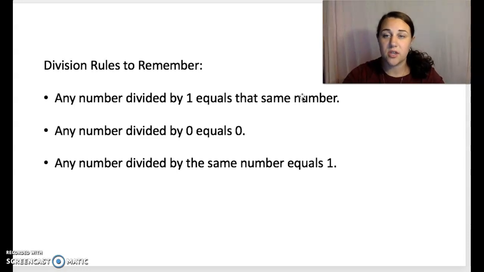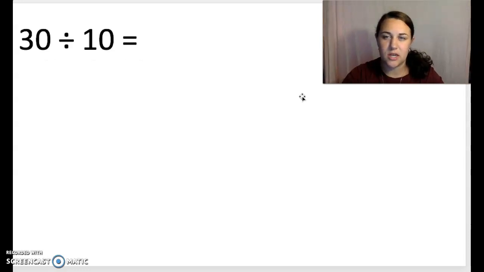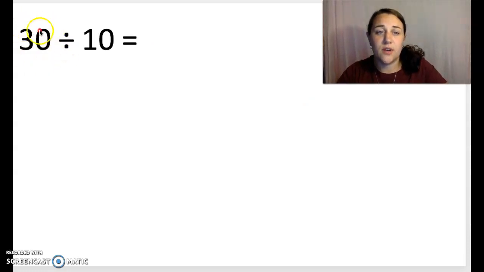Alright, so let's get started so this doesn't take too much time. We have our division problem here, our equation: 30 divided by 10 equals. Remember, friends, this is my dividend. This is the number that needs to be divided equally into this many groups. So I need to divide 30 equally into 10 groups.